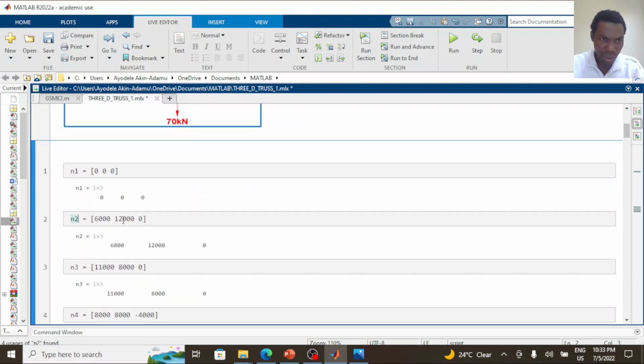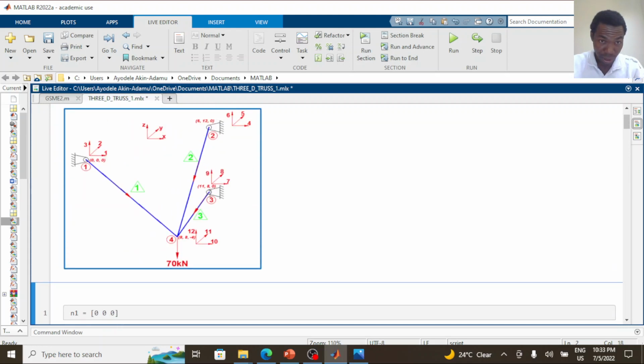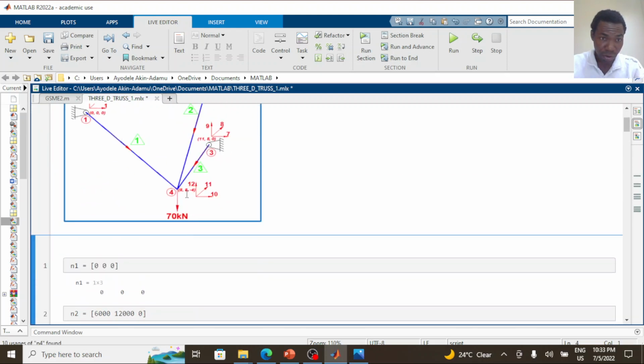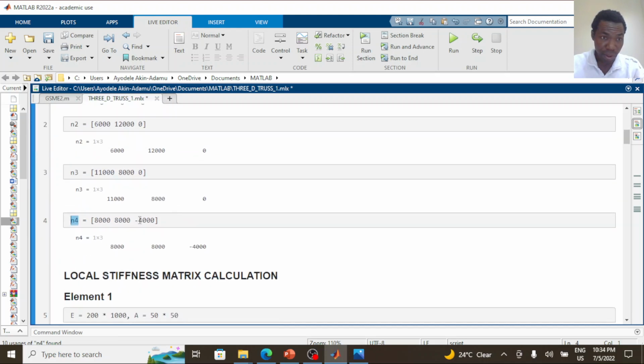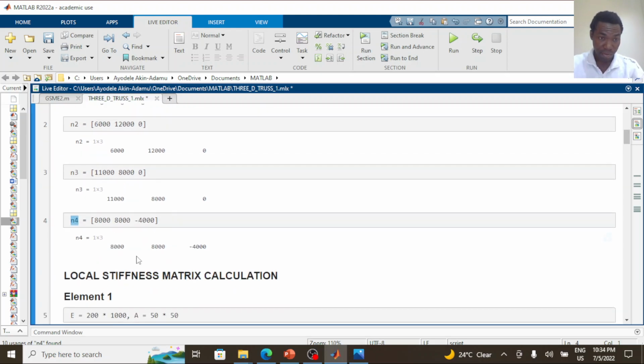That's why N2 is defined as 6,000, 12,000, and 0. Node 3 is shown here, 11, 8, 0, so we have 11,000, 8,000, and 0. For node 4, we have 8, 8, minus 4, so we have 8,000, 8,000, and minus 4,000. These are the 4 node coordinates in my finite element model.